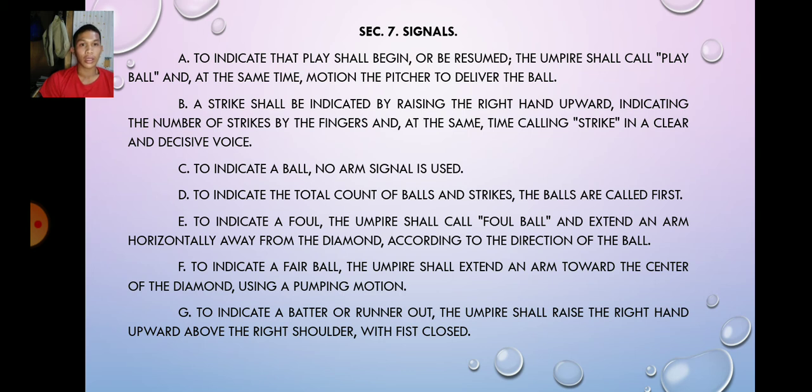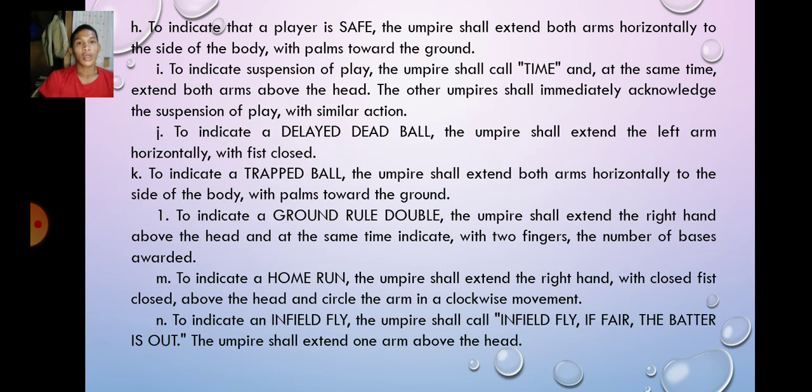D. To indicate the total count of balls and strikes, the balls are called first. E. To indicate a foul, the umpire shall call "Foul ball" and extend an arm horizontally away from the diamond according to the direction of the ball. F. To indicate a batter or runner out, the umpire shall raise the right hand above the right shoulder with the fist closed. G. To indicate that the player is safe.